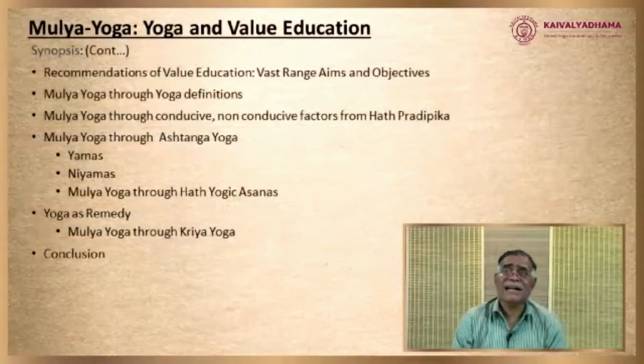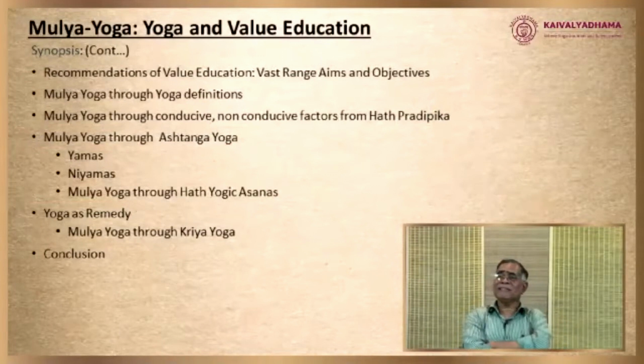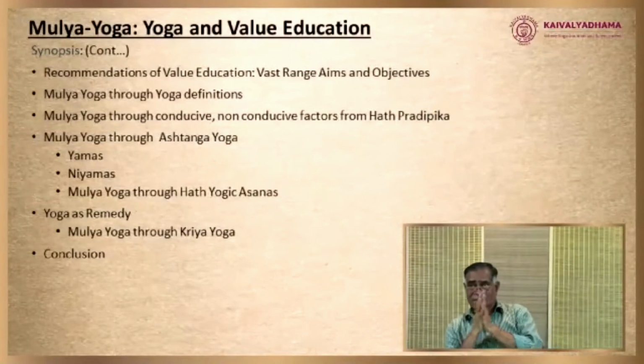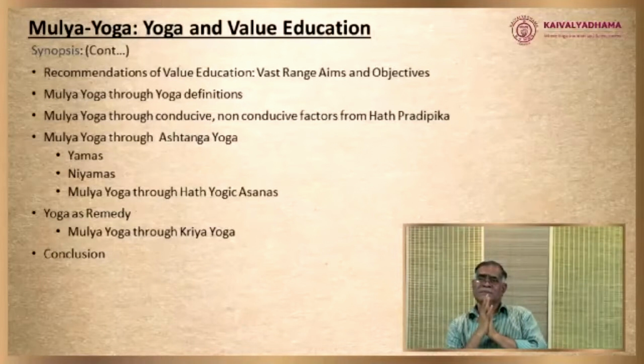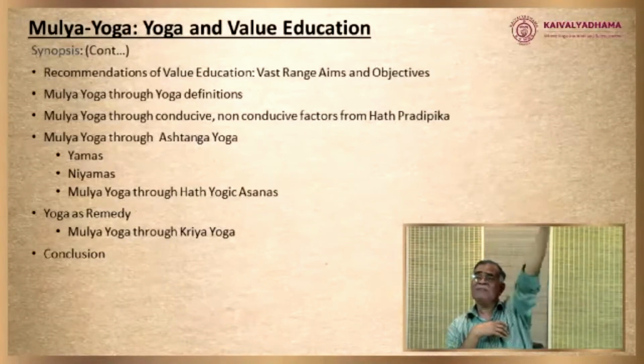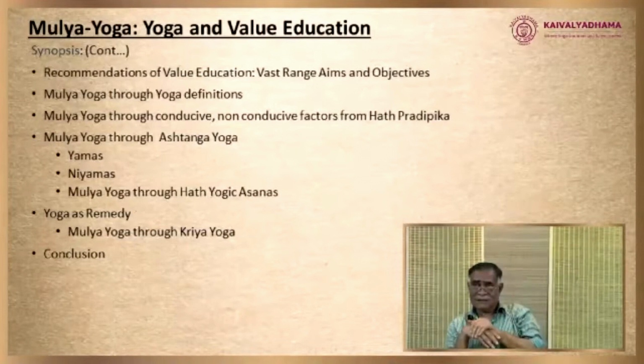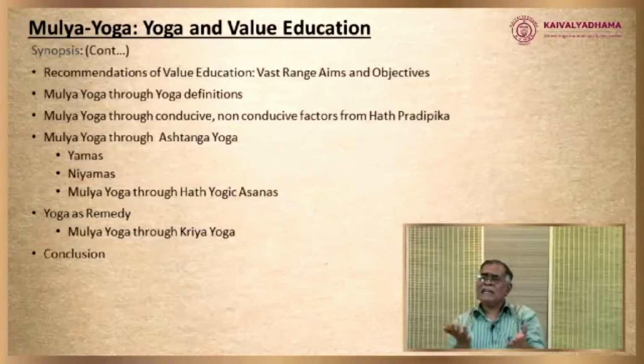See, the important question is that if education is related with values on three levels, aims level, content level, and process level, then why separate? It means that every education is value education.